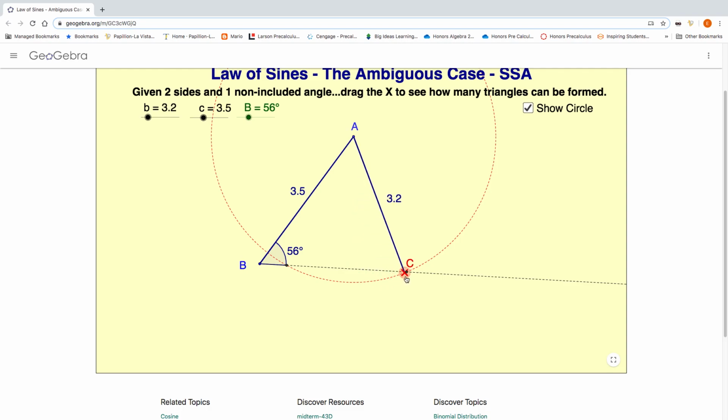I could swing this side back, and I could create a triangle ABC right there. This triangle I would classify by angles as acute. All 3 angles appear to be less than 90. But if I swing this side over, there's another point right there where it's a very slim triangle, but it's still a closed shape with 3 sides.